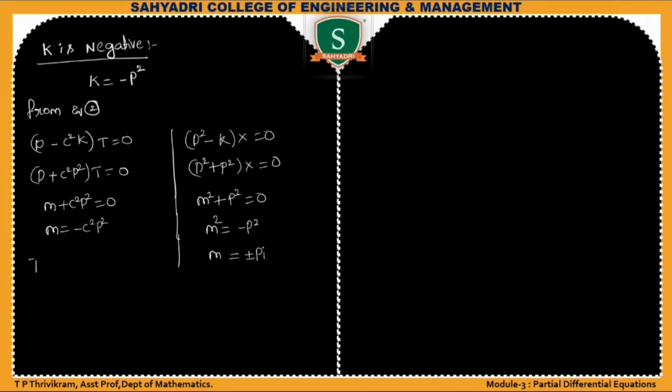So the solution for t is nothing but c1 e power minus c square p square into t. Here also we'll get x is equal to, how to write the complex solution for this?